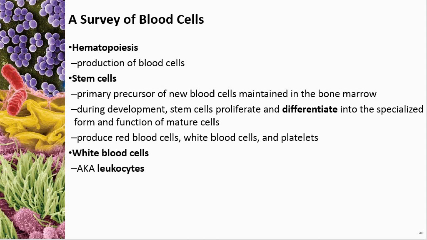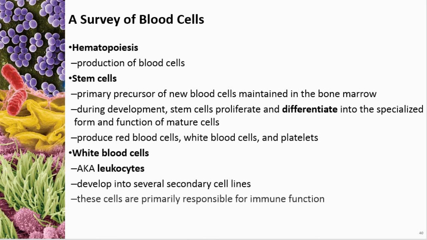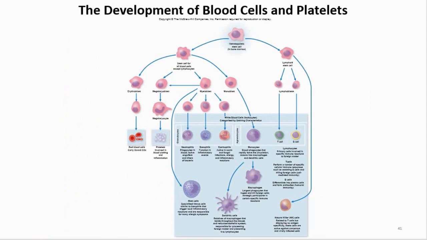So white blood cells, also known as leukocytes, can develop into one of several types, which include lymphocytes, primarily responsible for the immune function. This figure in your book shows the 7 types of white blood cells and how they all differentiate from one stem cell.